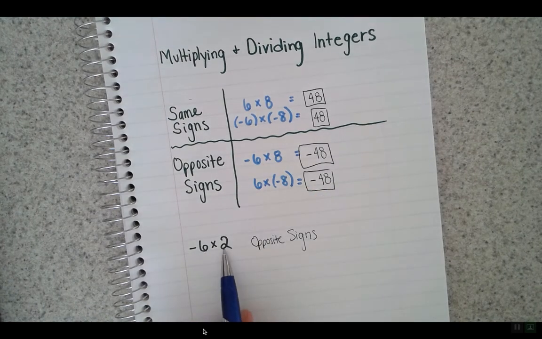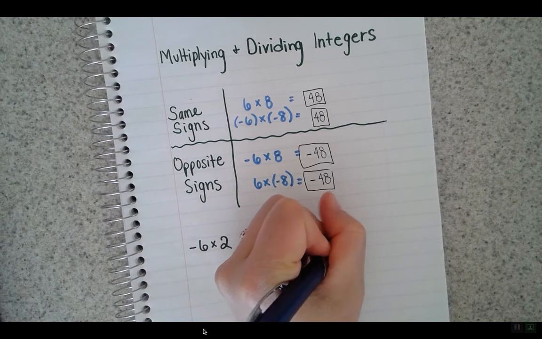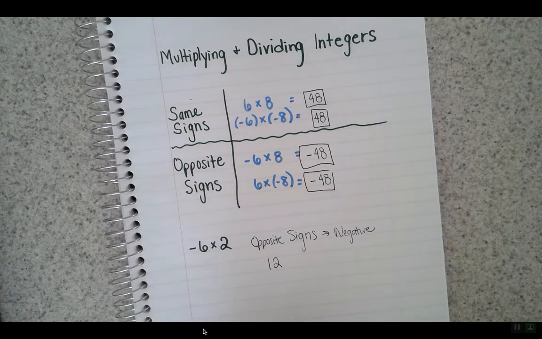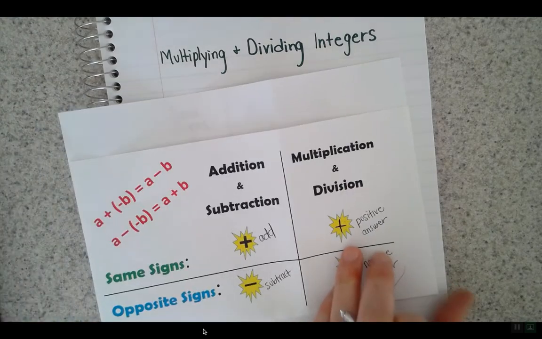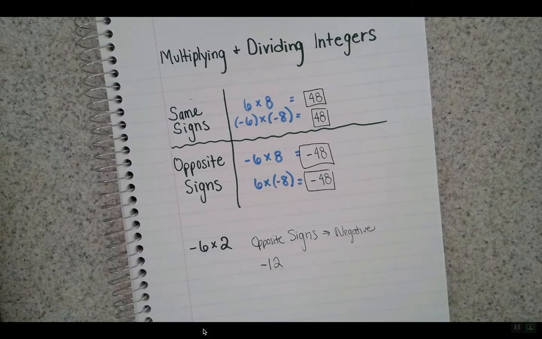They are opposite signs. Now, whenever you have an opposite signs problem, your answer will be negative. So I just multiply like normal. 6 times 2 is 12. And then I know my answer needs to be a negative 12 because of these rules. It's an opposite signs problem. My answer must be negative.